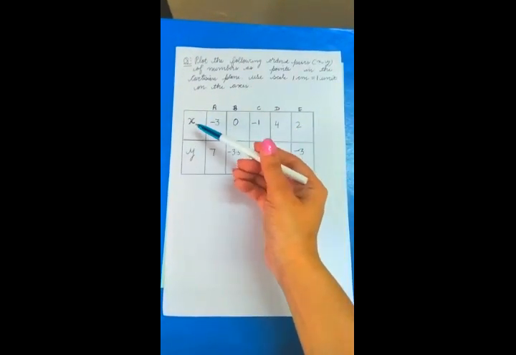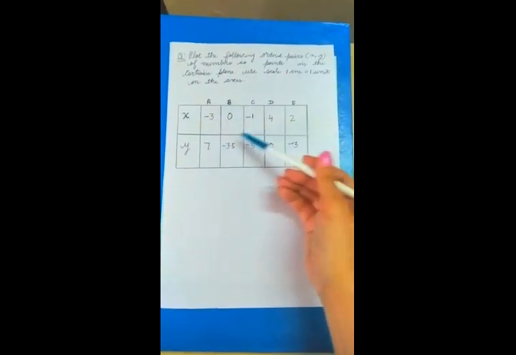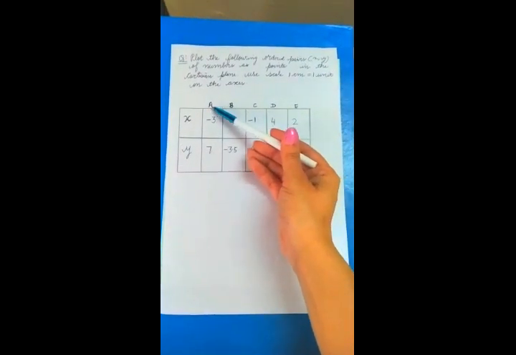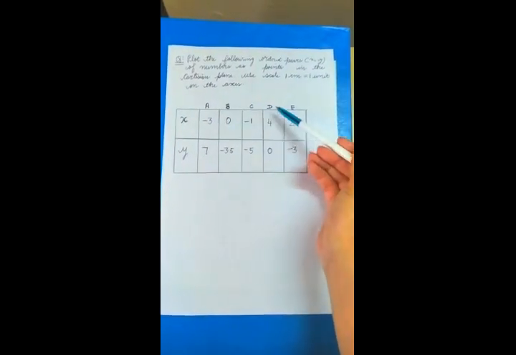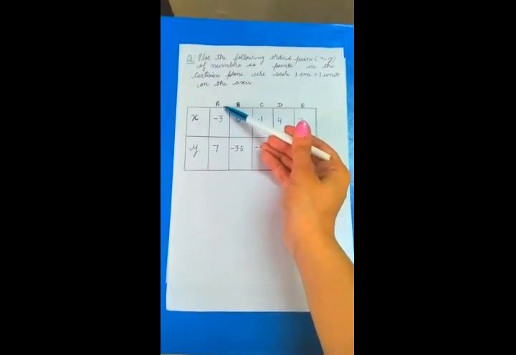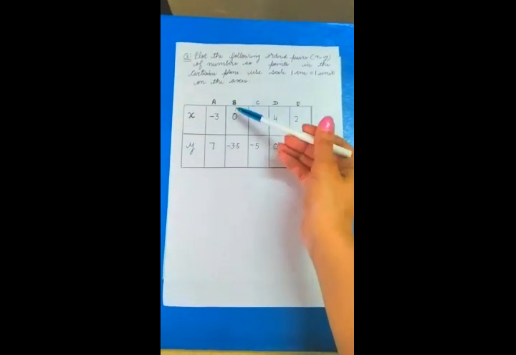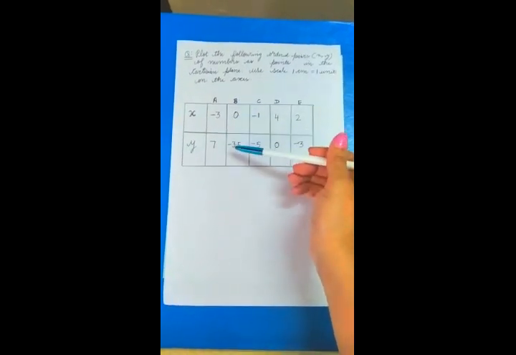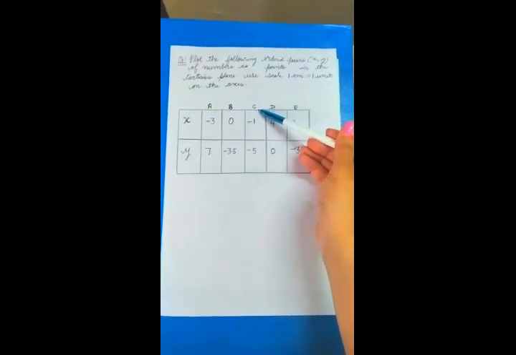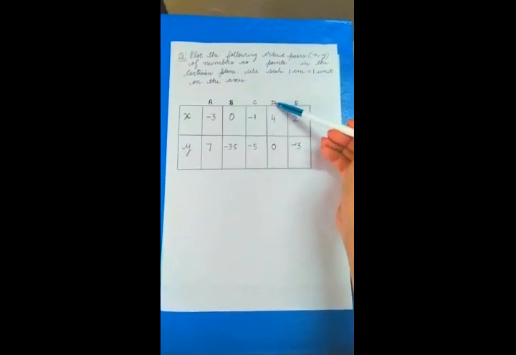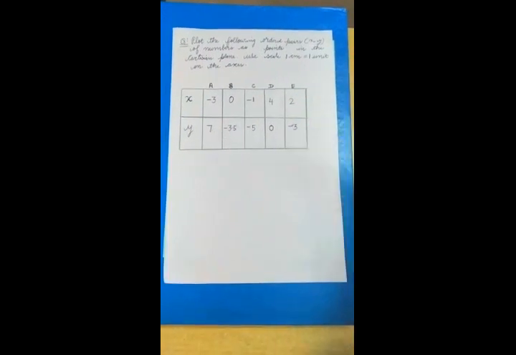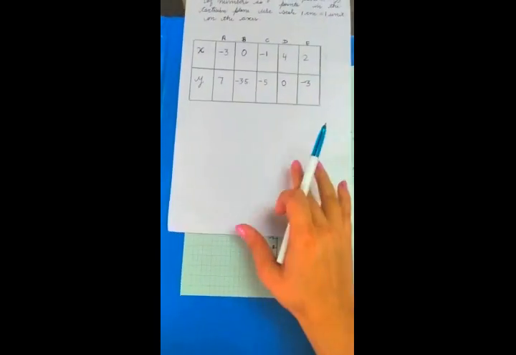The values of the x coordinates and the y coordinates are given, and points are marked A, B, C, D, E. The coordinates of A will be -3, 7. The coordinates of B will be 0, -3.5. Similarly for C, the coordinates will be -1, -5. For D, 4, 0, and for E, 2, -3.